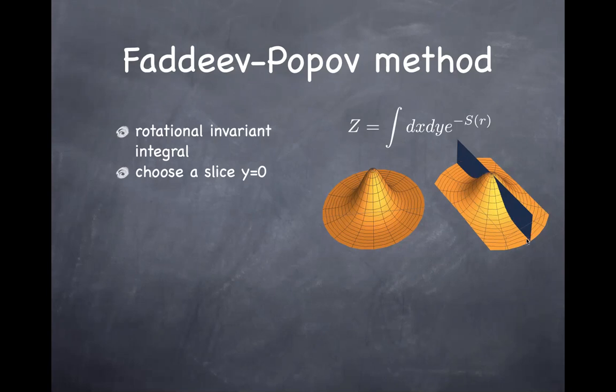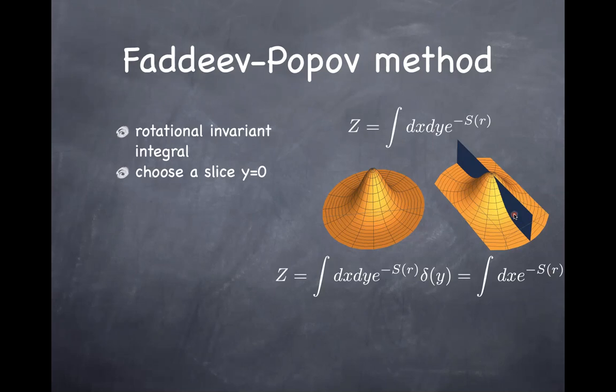So let's say this slice corresponds to the plane y equals 0 on this xy plane. So then I stick in this delta function of y to restrict my integral to this plane. And then I can immediately perform the y integral. Then I find this is dx e to the minus s of r, where r now becomes the absolute value of x. So this should be right?